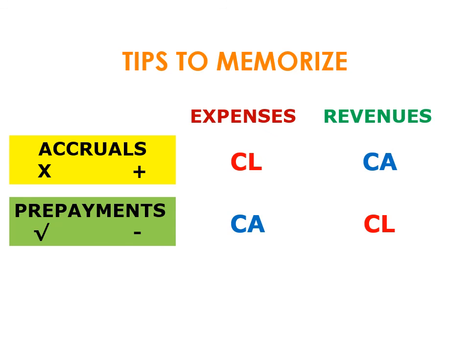So you can use this table. Tips to memorize. Accrued expenses, current liability. Accrued revenue, current asset. Prepaid expenses becomes current asset, and prepaid revenues becomes the current liability. So if you memorize this table, you will not have an error in making the adjustment of accruals and prepayment.